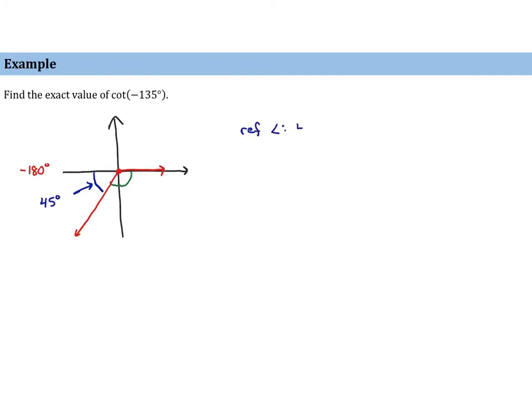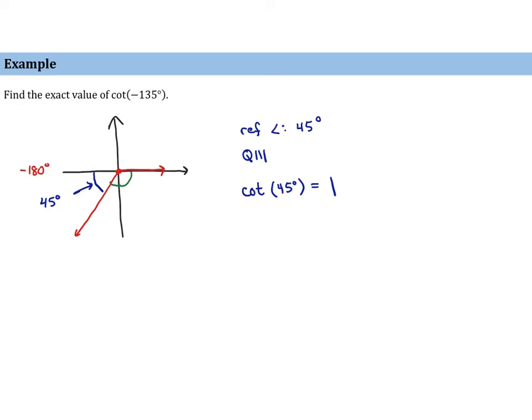So the reference angle is 45 degrees, and we're in quadrant 3. So we know that cotangent of 45 degrees is 1, because the tangent of 45 degrees is 1.